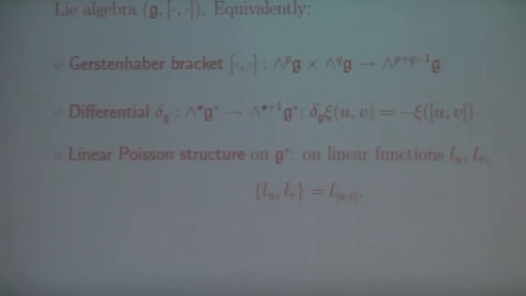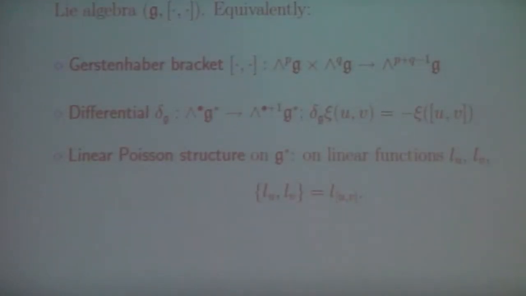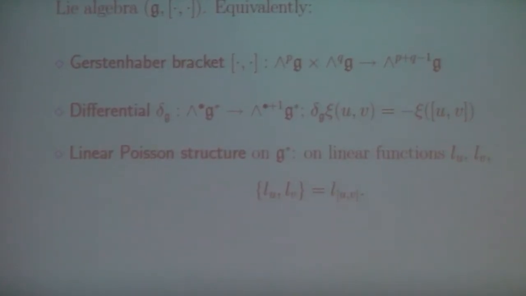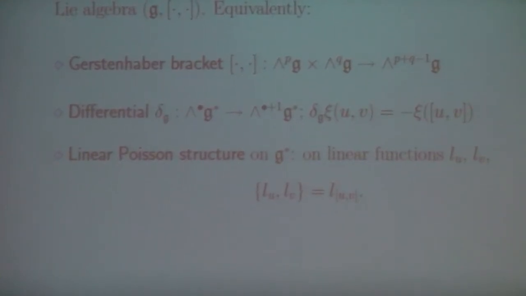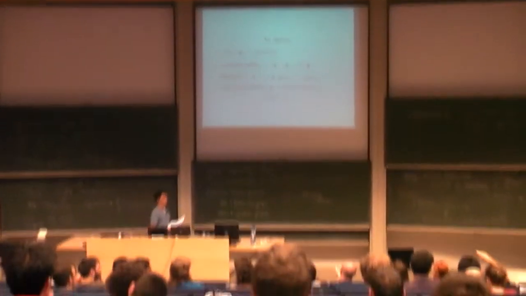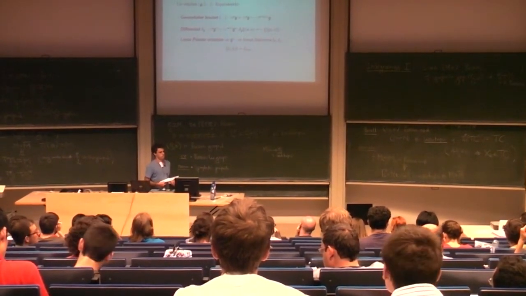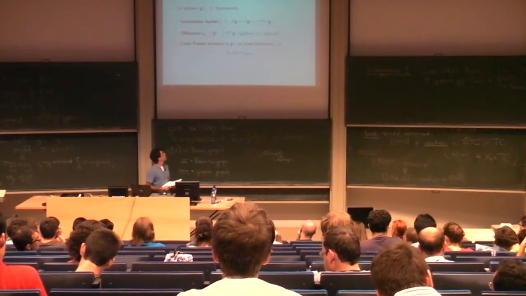And there is yet another way, which is to look at the dual. So you can also dualize and go to the dual of the Lie algebra, and there you have a linear Poisson structure that is also equivalent to knowing the Lie bracket on g. So what are the conditions you need to impose on the Gerstenhaber bracket so that it would come from a Lie bracket?